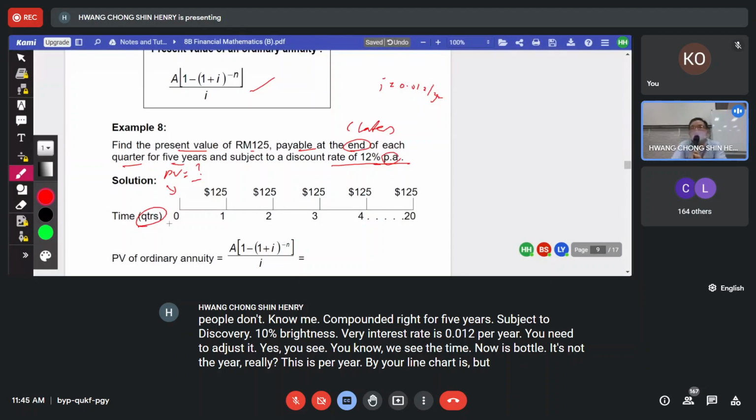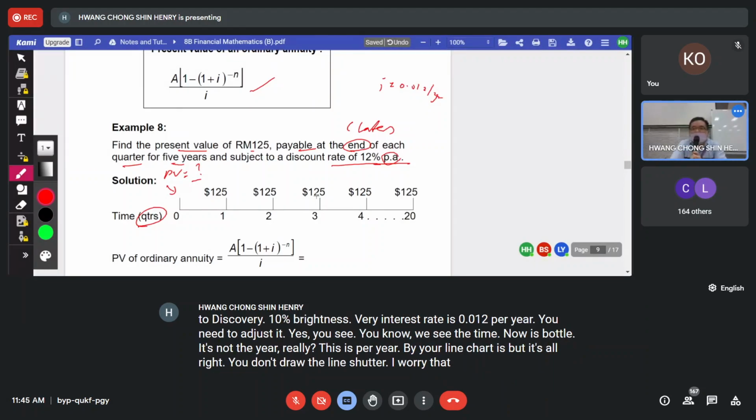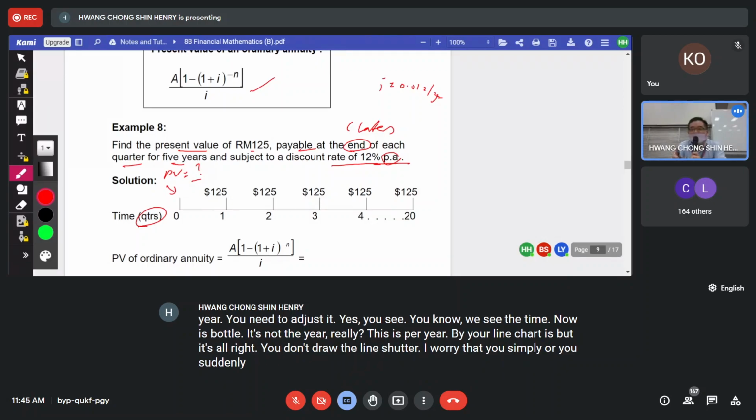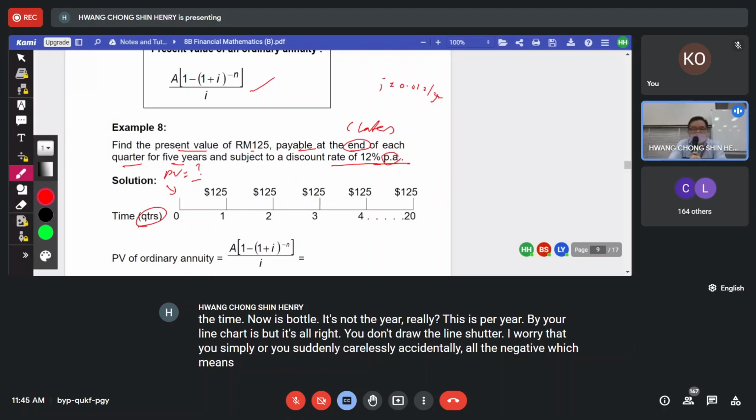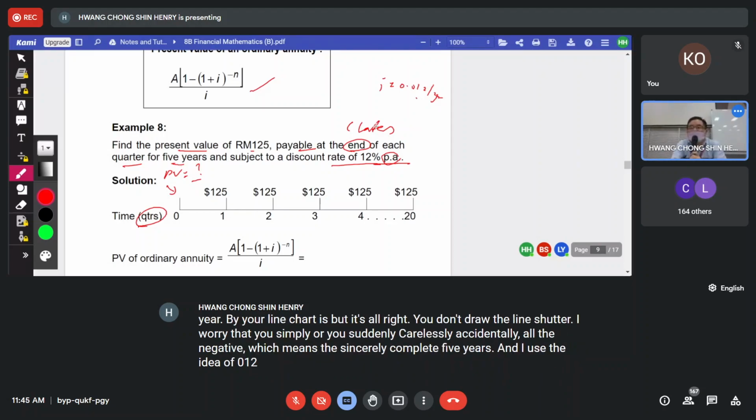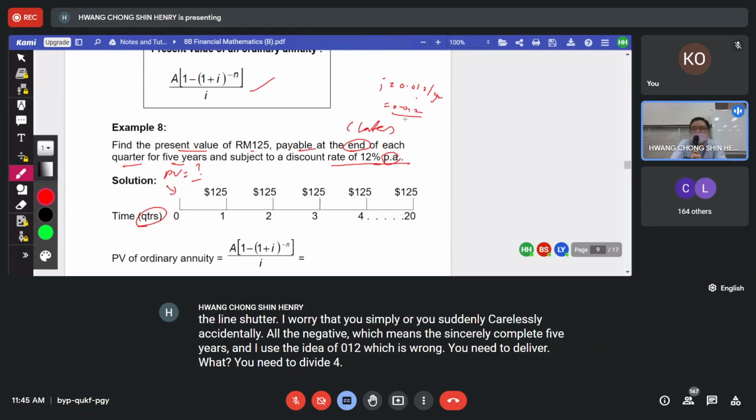That's why I asked you to draw the line chart. If you don't draw the line chart, I worry that you suddenly, carelessly, accidentally, all the negative words, still calculate 5 years and use the i 0.012, which is wrong. You need to divide by what? You need to divide by 4, because this is per quarter. And what's your n here?